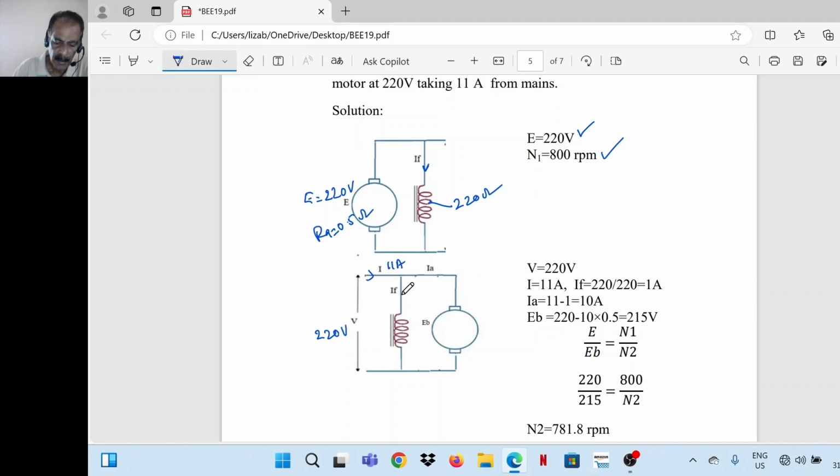Field resistance is given 220 ohm. So field current is 1 ampere. So armature current is 11 minus 1, 10 ampere.